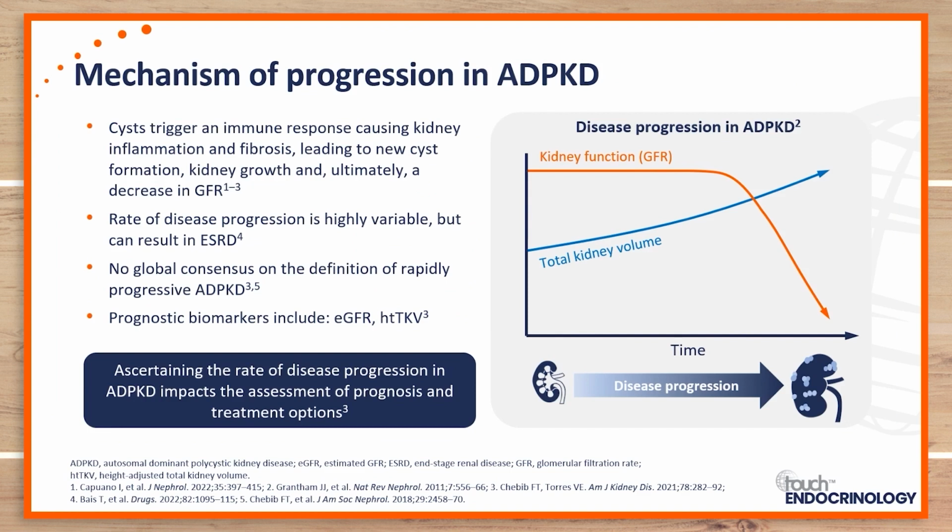There is no global consensus on the definition of rapidly progressive ADPKD. The important prognostic biomarkers include the estimated GFR as well as height-adjusted total kidney volume. And so ascertaining the rate of disease progression in ADPKD is critical to the optimal management of these patients.